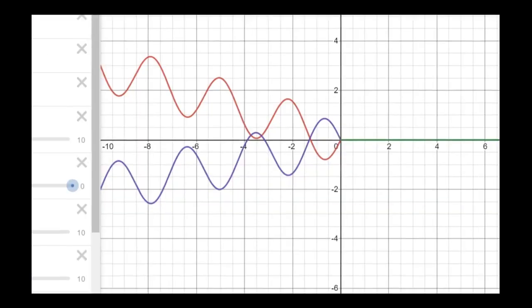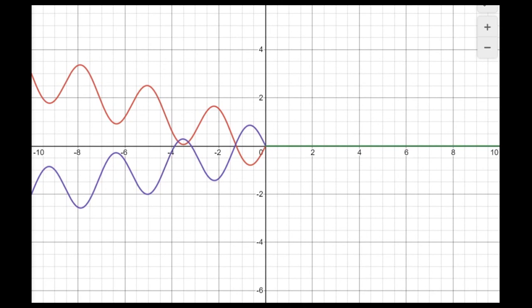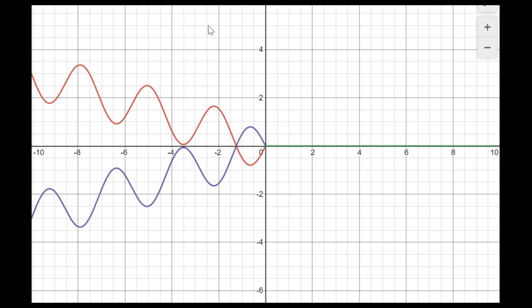Now, what happens when crest intersects with the trough part? In this picture, you can see this red one represents your first wave. Look at this point. Similarly, this purple one represents your second light wave. Look at this point. At this point, what is intersecting?